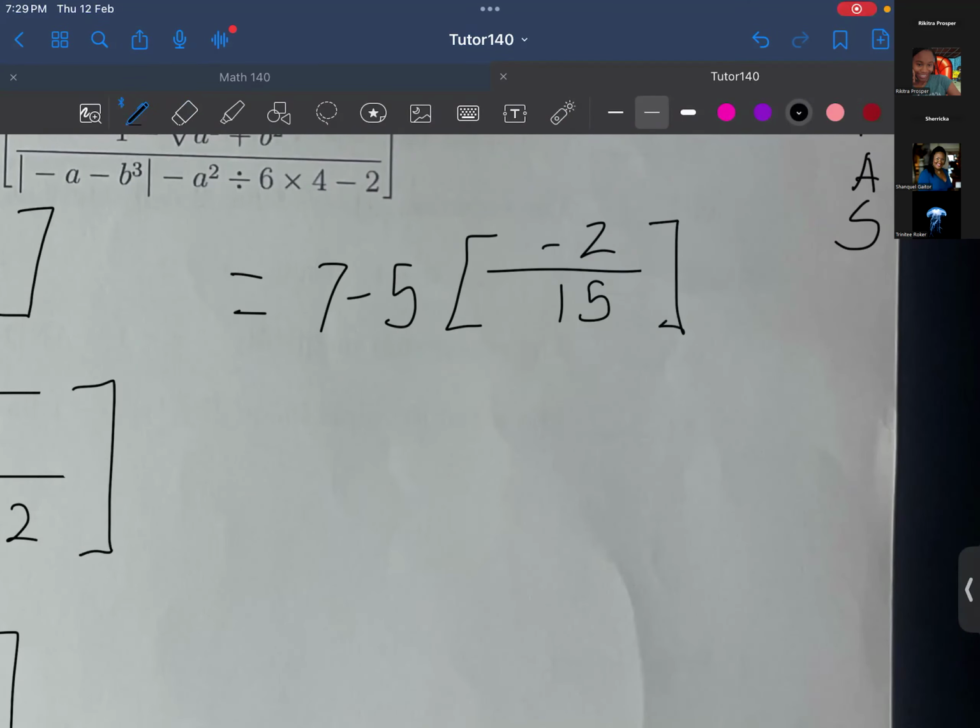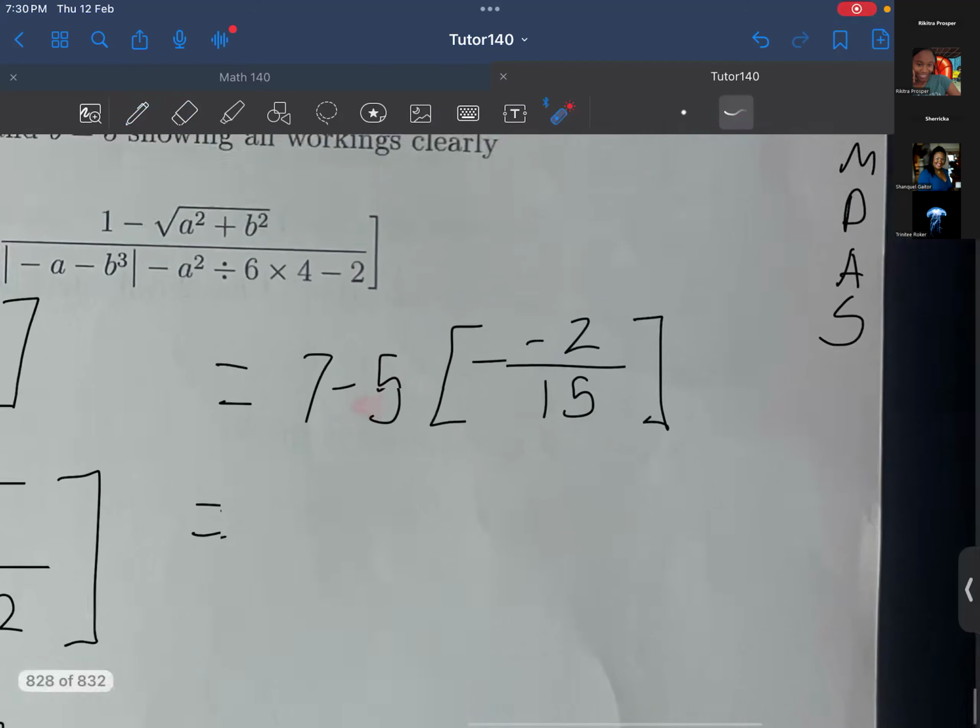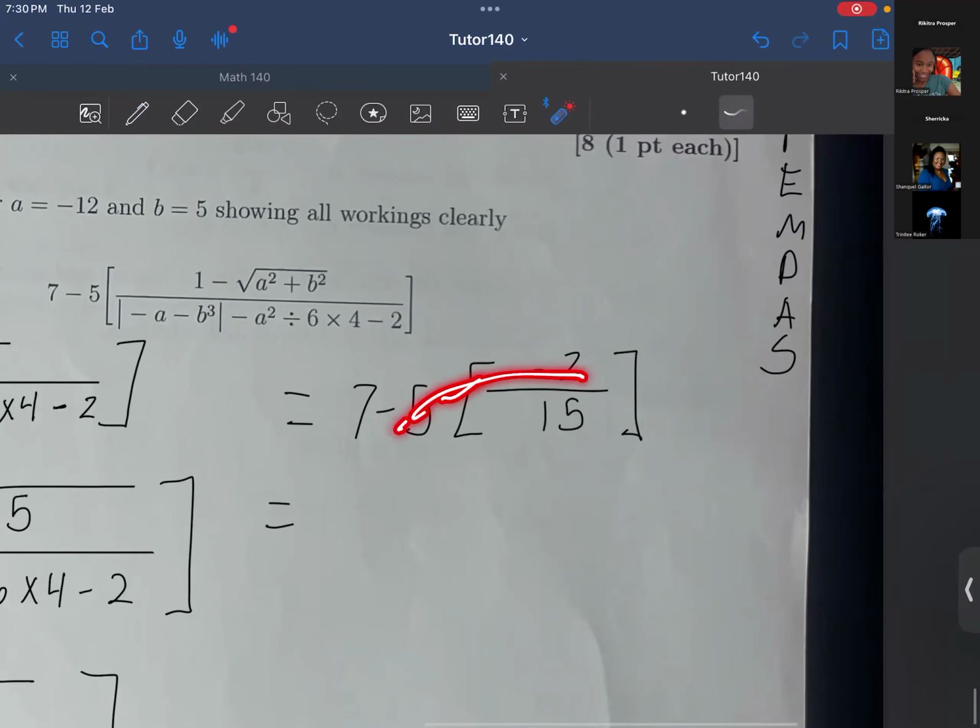Okay, so equals this 5 is being multiplied by this entire thing. So we're going to multiply 5 by negative 2. So we're going to have 5 minus 5 times negative 2 is, that'll be negative 10 over 15.